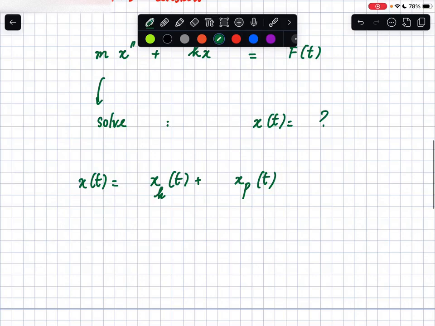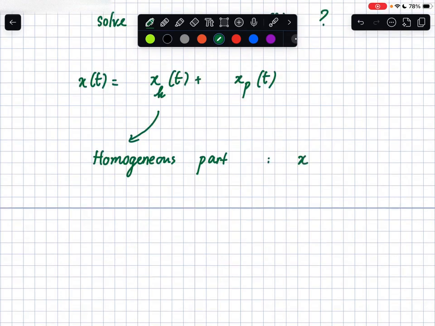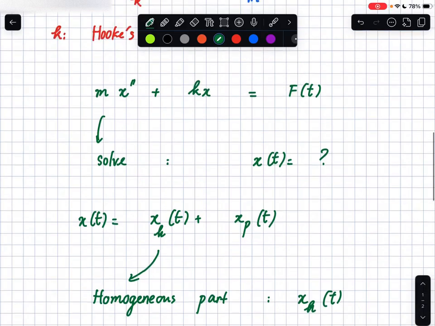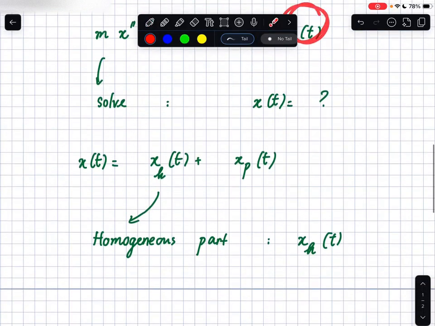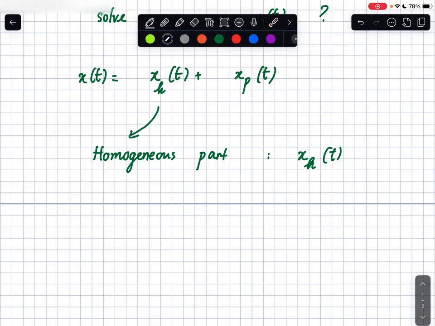So we will find the homogeneous part first. We also call it a complementary solution, that is when we have the right hand side 0. And this one, the particular solution.